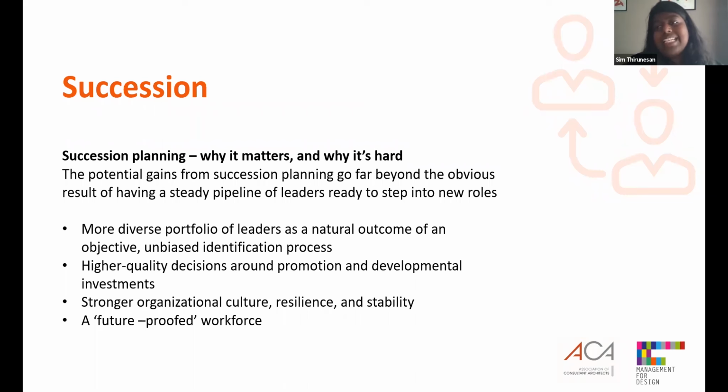Research has found that at least 30% of newly hired leaders fail within the first 18 months, mostly because of a poor cultural fit. There is also greater organizational stability and resilience, which breeds market confidence and drives better shareholder value as well.